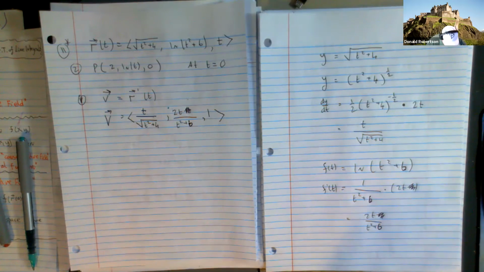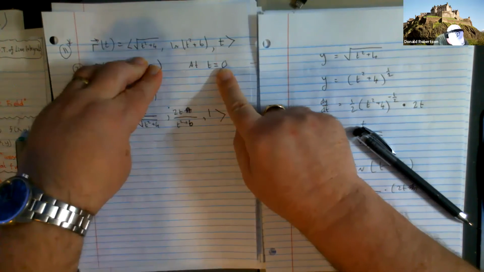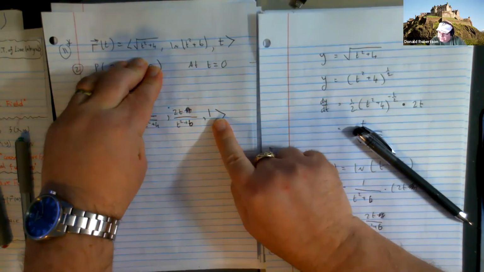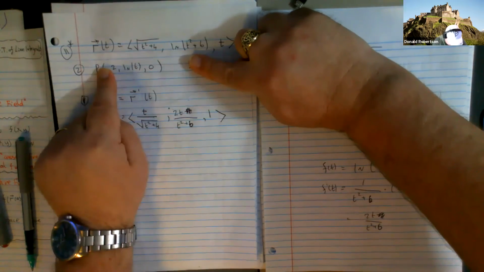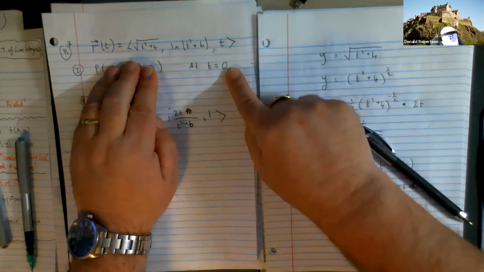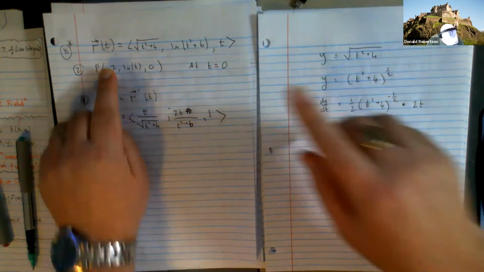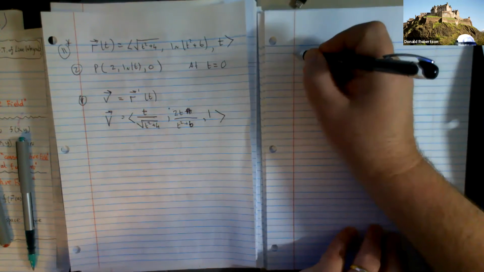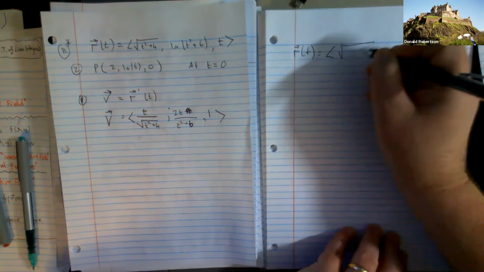Now, if they give you the information at t equals 0, don't I just plug 0 in here? If they give me this guy, don't I have to figure out what t would give me this guy? See, imagine the question only told you all this guy again.